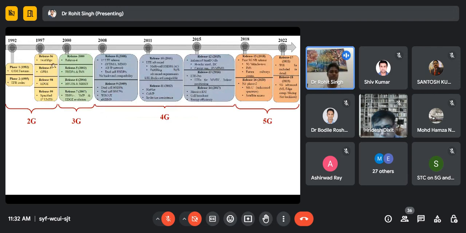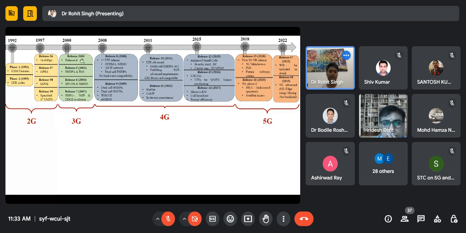The first release was published around 1996, then 97, 98, 99, 2000, and periodically we get releases. Up to release 99, the releases and documents cover aspects related to second generation, or 2G.